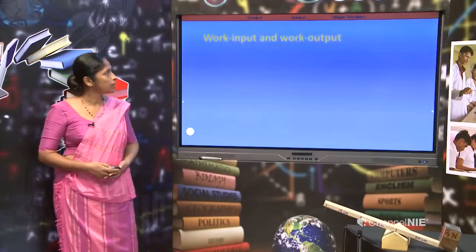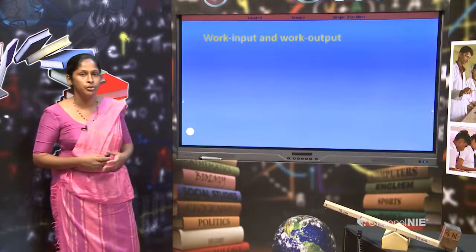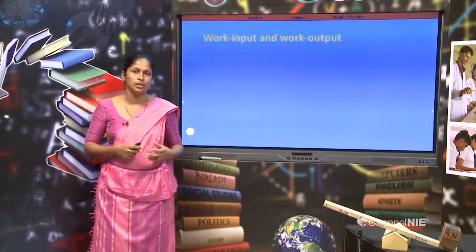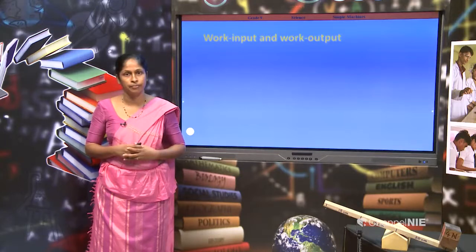Okay, children. Now, let us do another important part of simple machines, that is work input and work output. We all know we have to exert a force to do work with a simple machine.